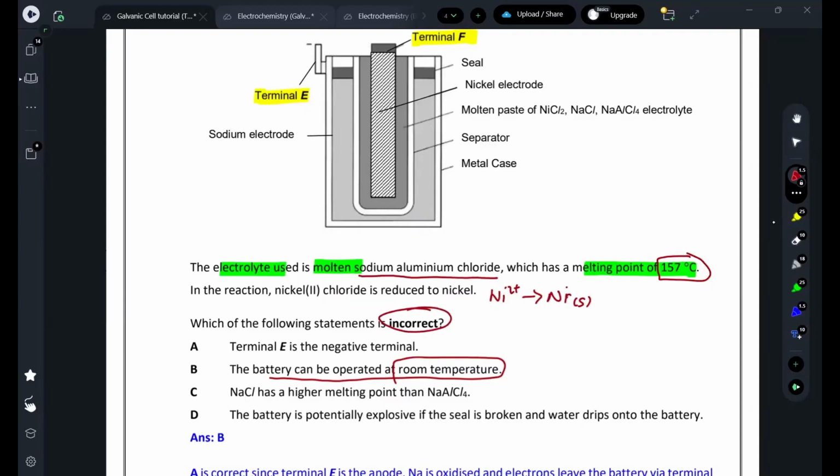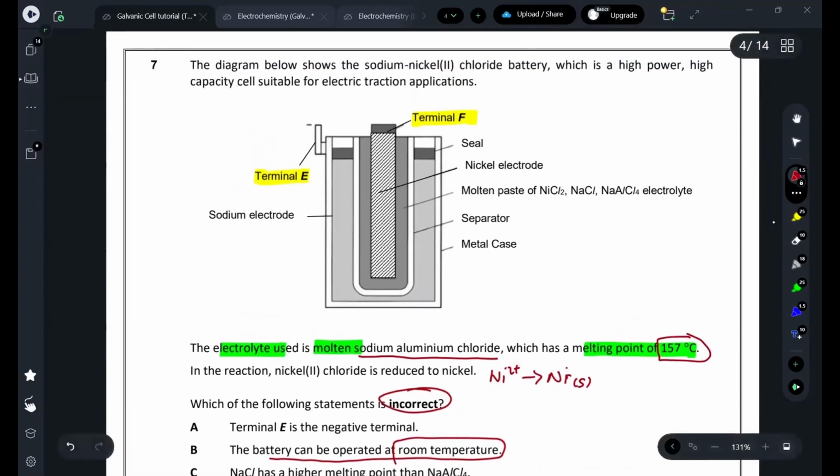Okay, so that said, we already know the answer is B, but we still need to figure out whether A, C, and D are correct or wrong. A, terminal E is the negative terminal, is absolutely true because it is the sodium electrode. Sodium got oxidized, because they said nickel got reduced.